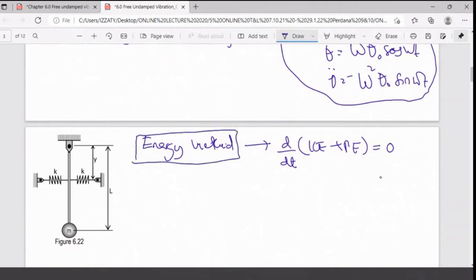You have to understand that this spring will contribute potential elastic energy, and when you have a mass here, it will give you kinetic energy. Correct. So these are the things that you should understand. So let's try to use kinetic energy.